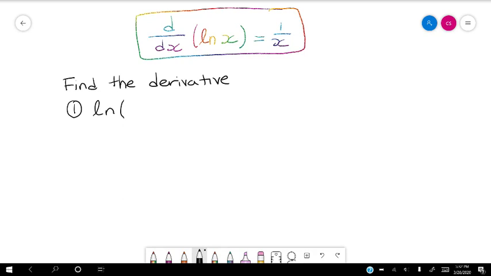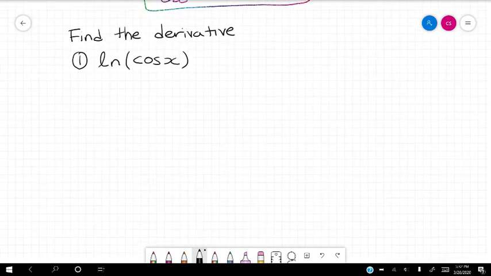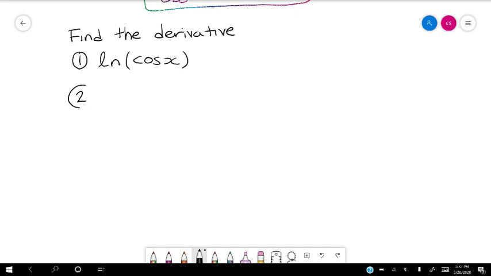We'll start with this, the natural log of the cosine of x. And then we can also start with the logarithm of the square root of x. Okay, and you guys can definitely try this on your own, so go ahead and push pause and try it on your own.